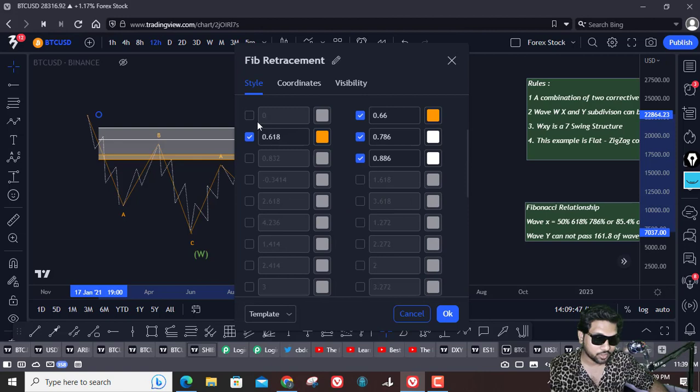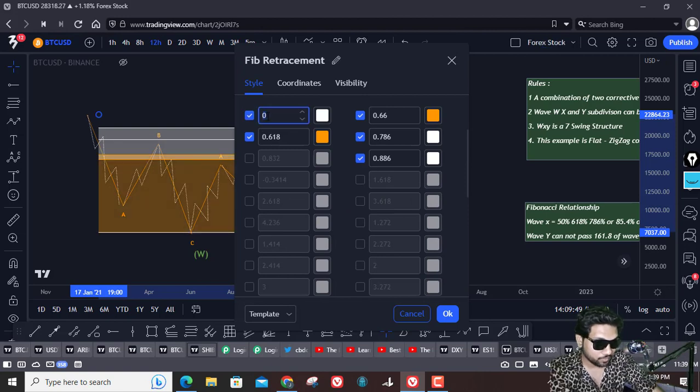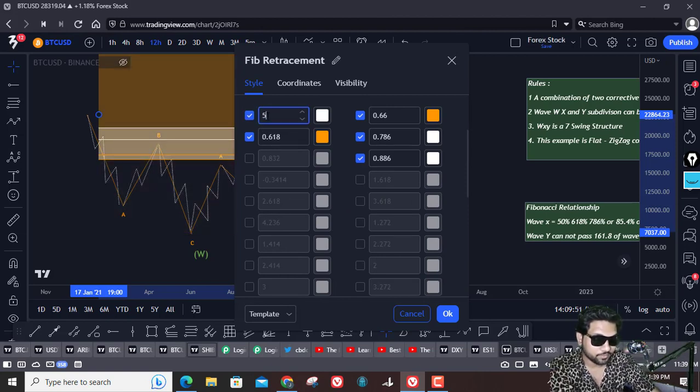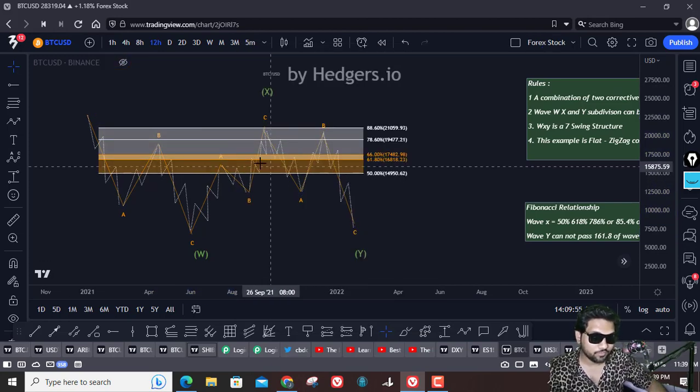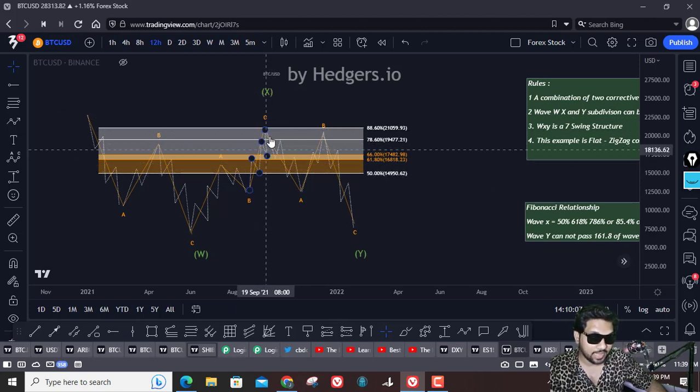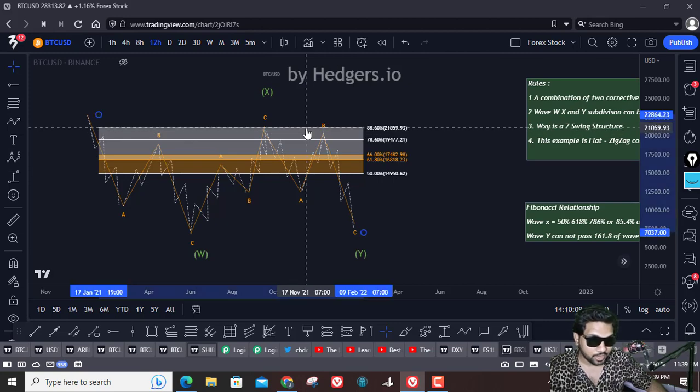I can show you here, 0.5. First is 0.5, then the golden ratio here, and then 0.786. These are the levels, the ratios that you're going to be looking for when you are watching for the wave X.